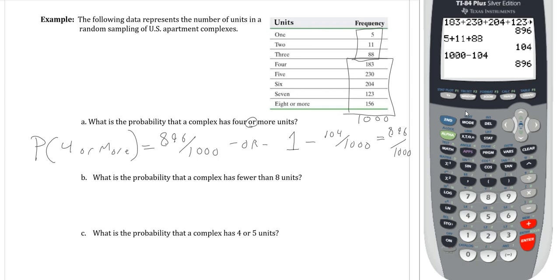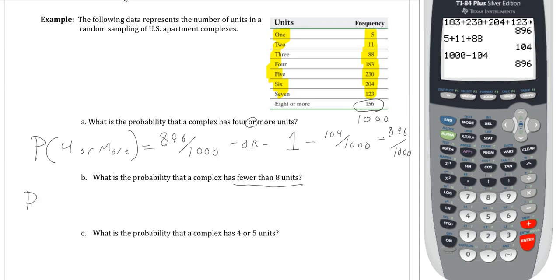Now, as a second example, this one can be a lot more straightforward. What is the probability the complex has fewer than 8? Well, the numbers that are fewer than 8 would be 1 through 7. Or, instead of adding all those up and putting that out of 1,000, what I could instead do is just take the complement, the opposite of this.